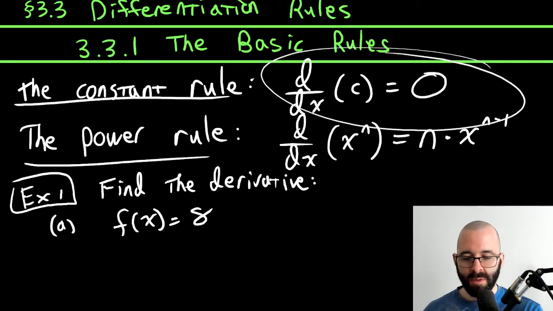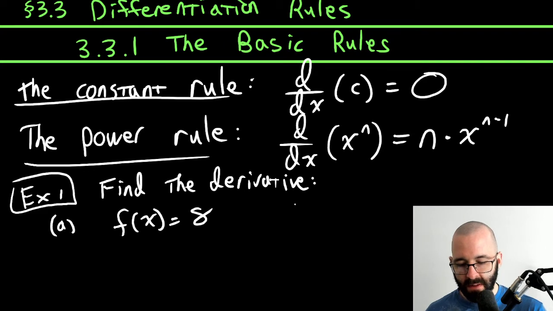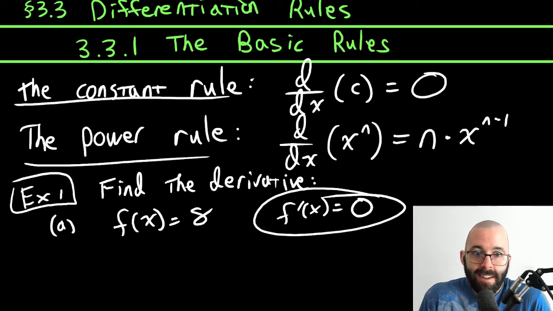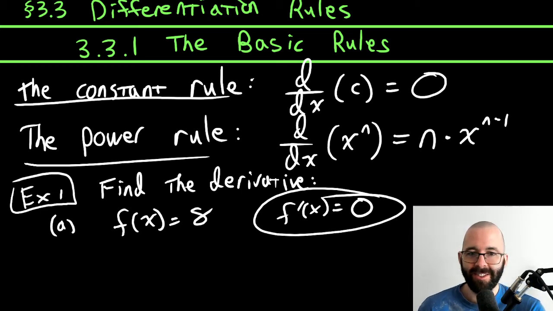We can use the constant rule. Say, okay, f prime of x, what's the derivative at any point? The derivative, the slope of the function at any point is 0. That's it. That's the constant rule. There's nothing you can really do with the constant rule to make it more exciting, I don't think. Derivative of a constant function is 0.